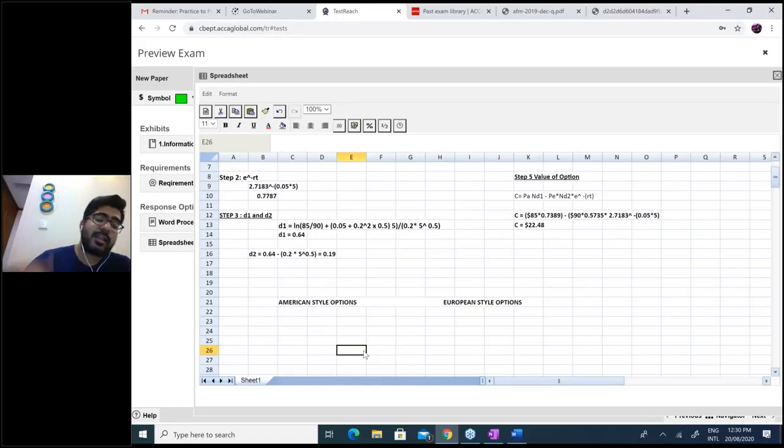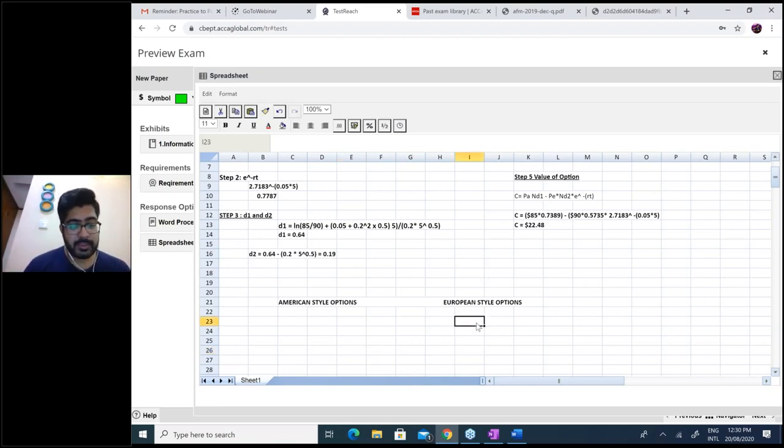American style options can be exercised anytime before 30th Jan 2021. But if the options are European style options, you can only exercise on 30th January 2021, only on that date. You cannot exercise them before.